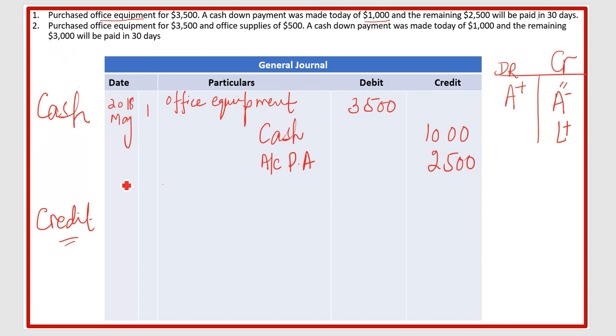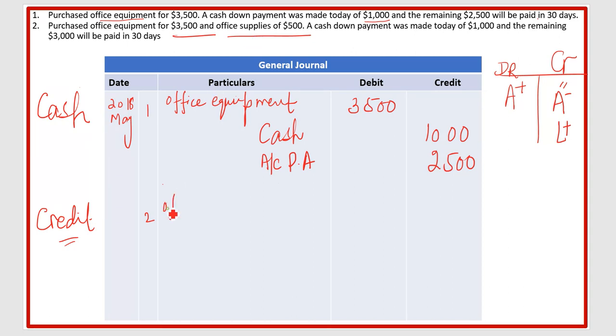Now the second transaction is here. Again, there is no need to write down 2018 May again and again. You have to write it again when your month changes or your page changes. Here the month is the same and the year is the same, only the date is different. So we write down 2nd, meaning 2nd of May 2018. What we did on the second: purchase office equipment of the same 3,500 and office supplies. So we are going to use two accounts on the debit side.